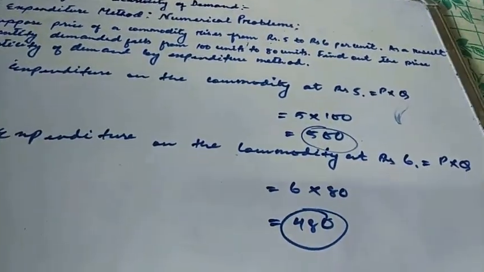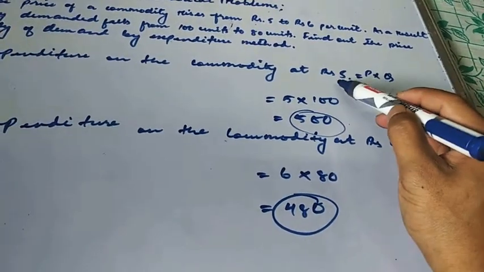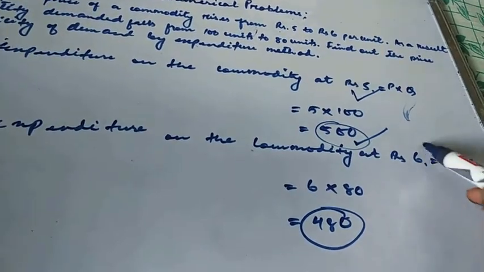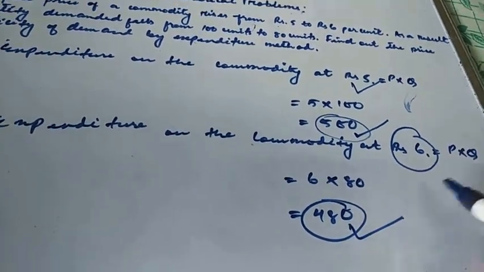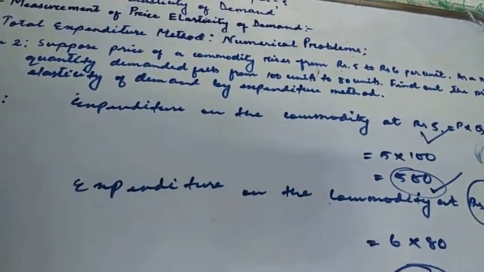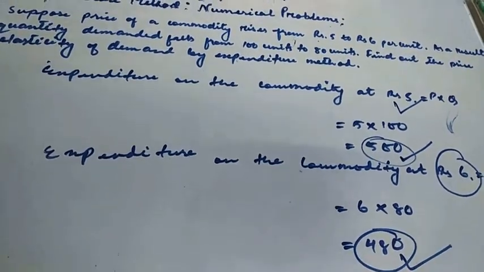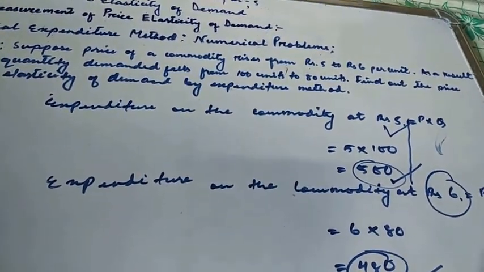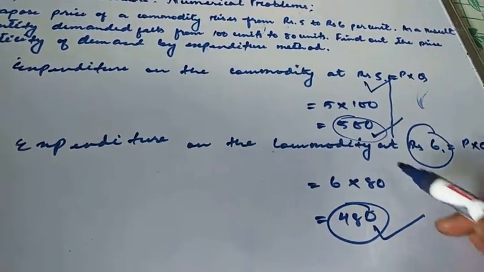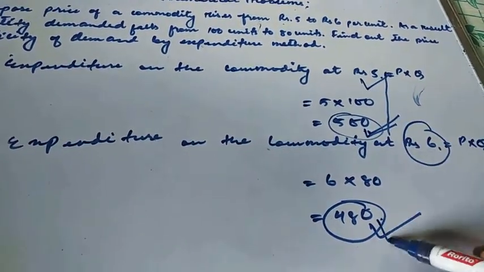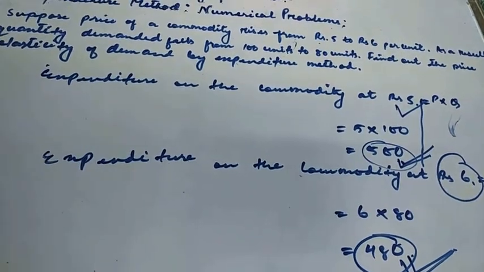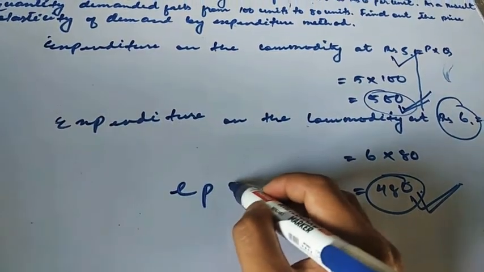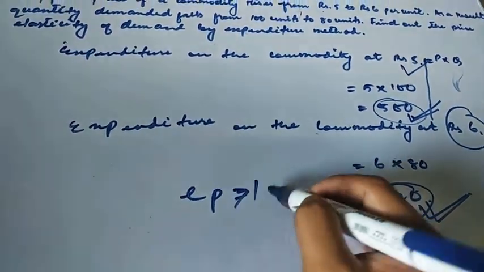Total expenditure at price rupees 5 is rupees 500, and at rupees 6 we get 480 rupees. So we find that with the rise in the price from 5 to rupees 6, the expenditure on the commodity decreases, from 500 to 480 rupees. This means that the price elasticity of demand is greater than 1.